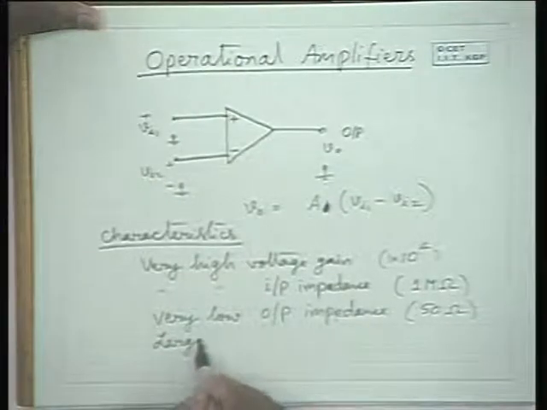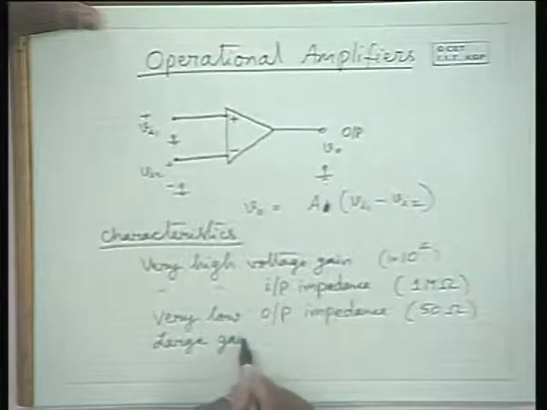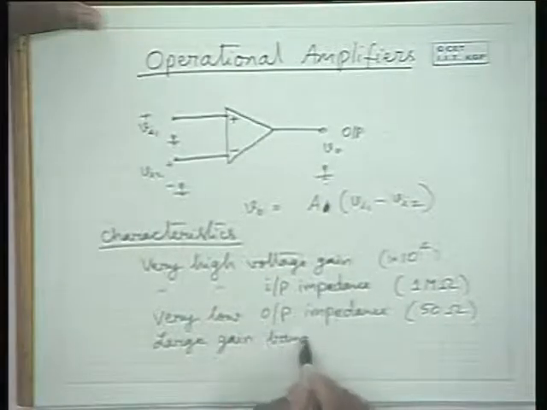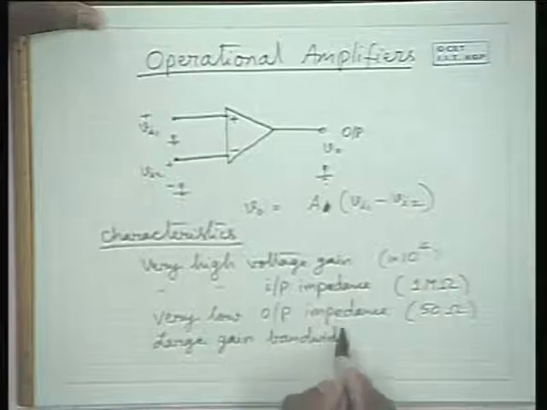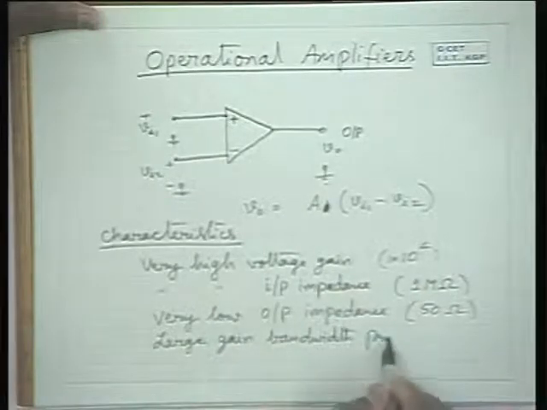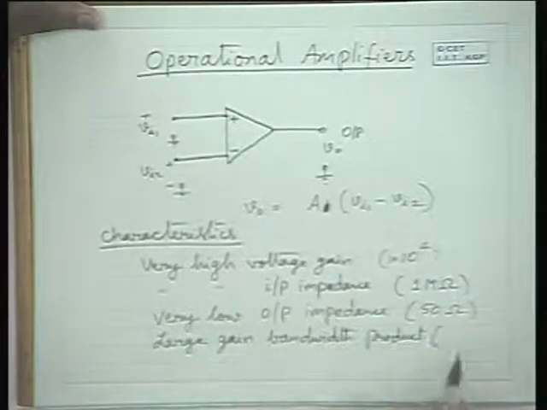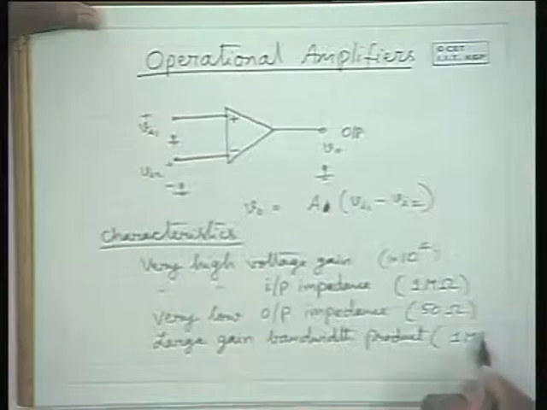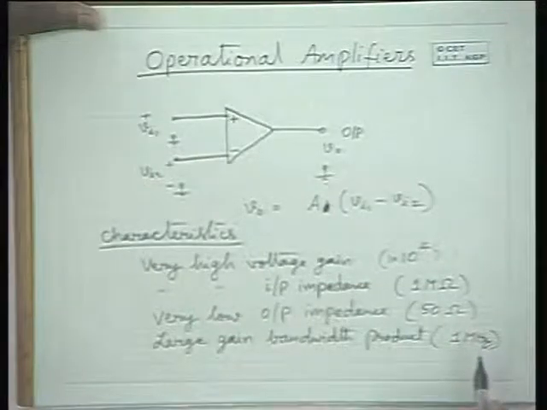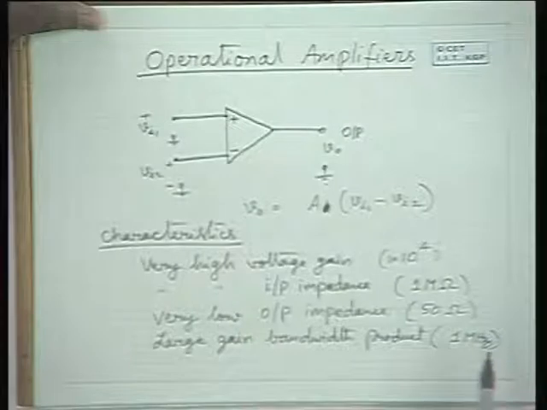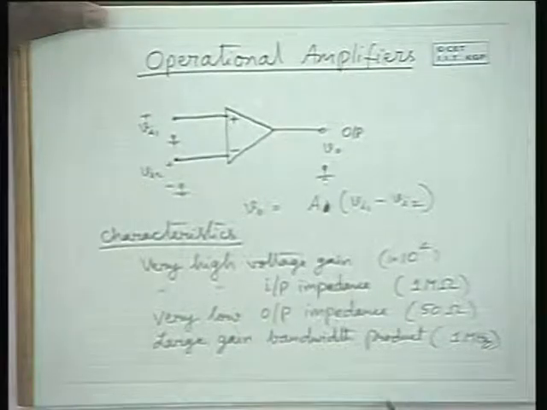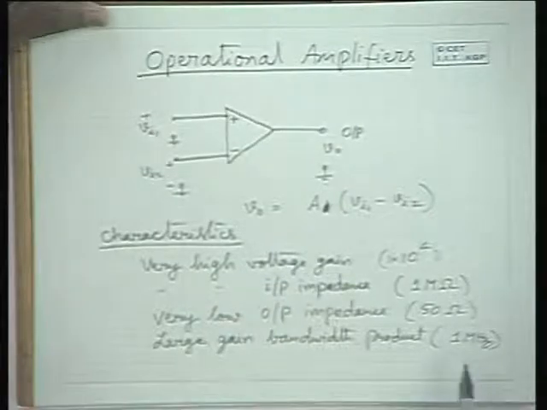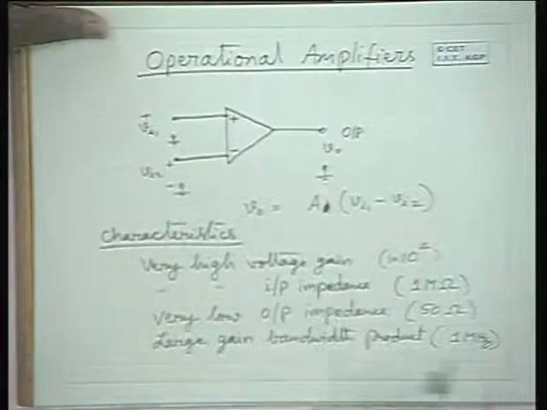And large gain bandwidth product, which is of the order of 1 megahertz in the case of operational amplifiers like 741, and today there are operational amplifiers available with bandwidth which is of the order of 1 gigahertz.